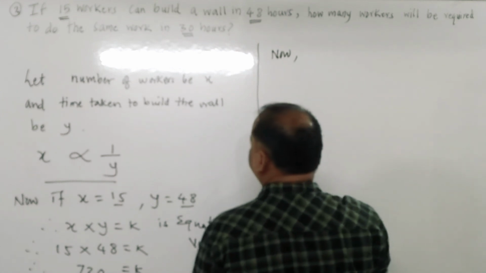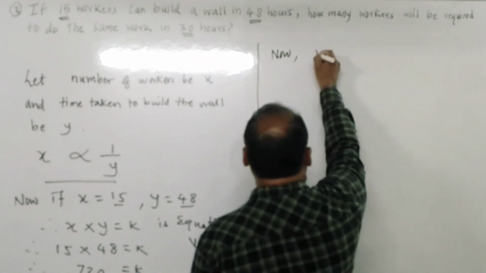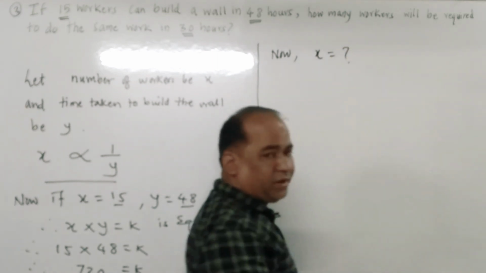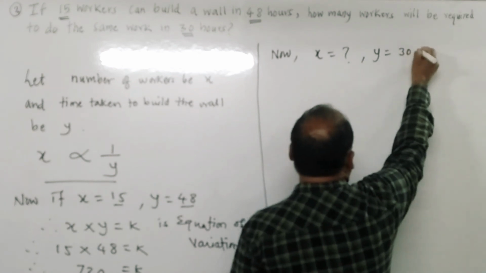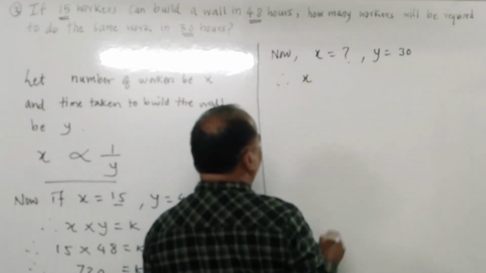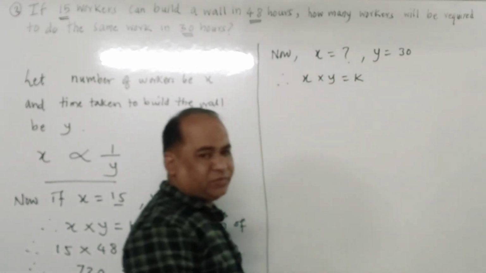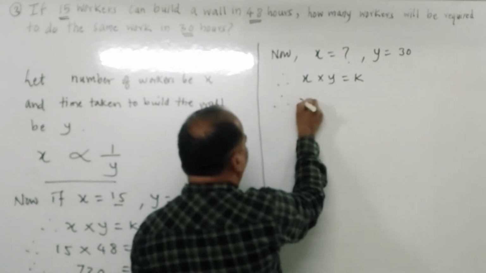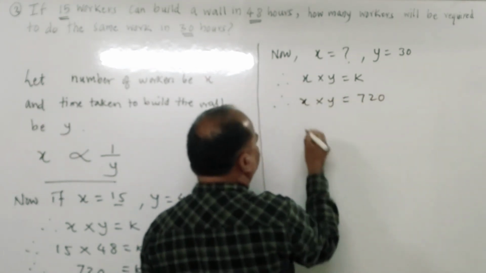Now the same work, building the wall, is to be done, and the time required is 30 hours. We have to find the number of workers. Our equation of variation is x into y is equal to k, where k is 720.